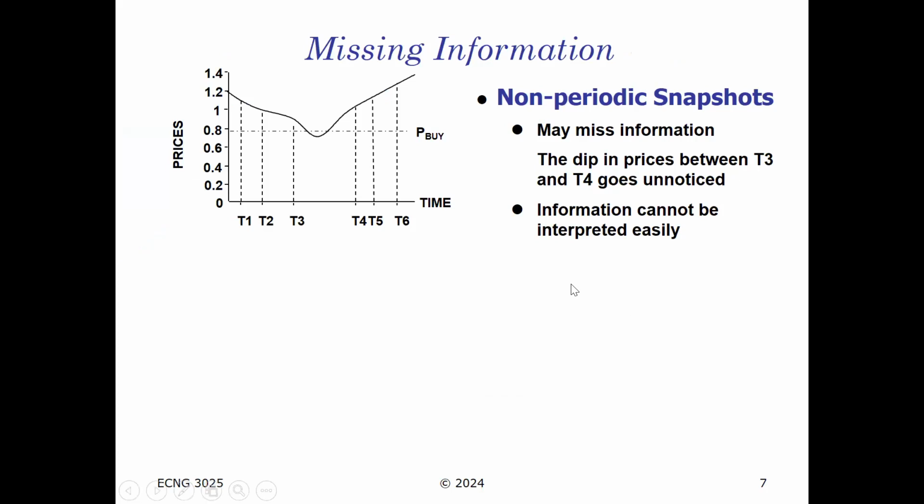You can sample in a non-periodic way, right? So you could take the sampling times at T1, T2, T3, which is a little bit different, T4, which is different again, T5, T6, and so on. The problem with this is that the information can't be interpreted easily, right?